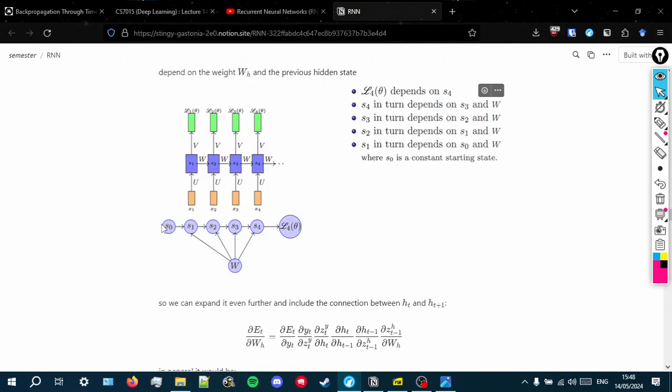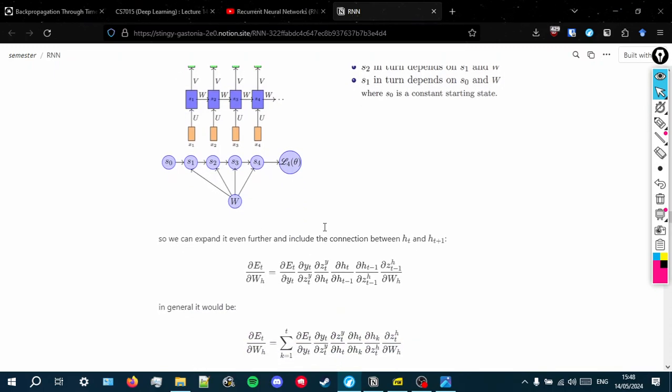And 0 is this beginning, starting state, where we just consider it a constant. But all of these are connected to the same exact weight matrix. So since we are trying to find the effects of this weight matrix according to the error for each one, we're going to have to calculate the dependency between this and this, this and this, this and this, and add that to our chain rule.